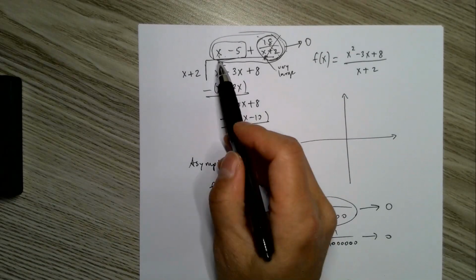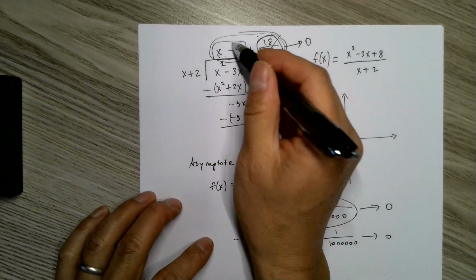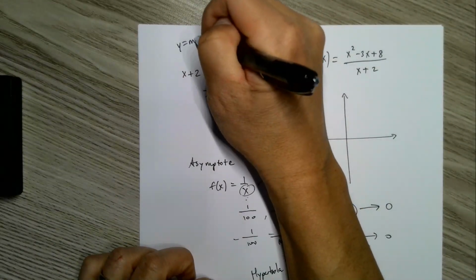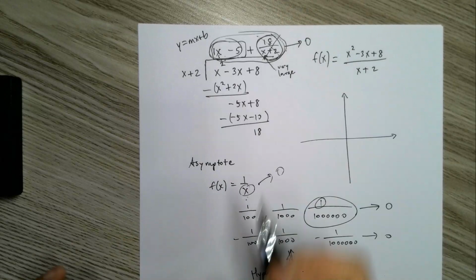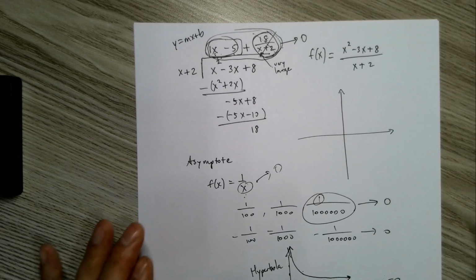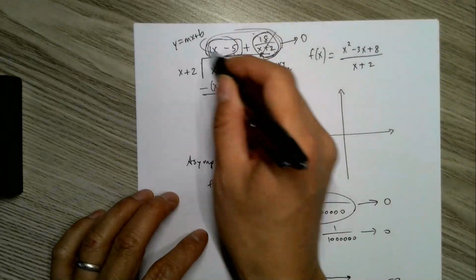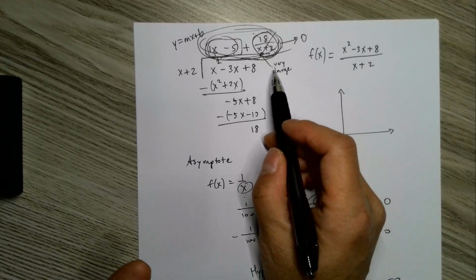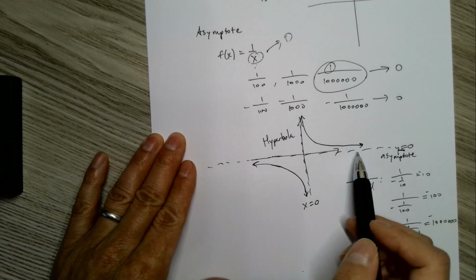But another thing we know about x minus 5, in addition to it being a large number, is that this is a line. Remember y equals mx plus b? This is a straight line with a slope of 1 and a y-intercept of -5. In other words, this is the boundary that this function doesn't cross when x gets very large, in the same way that this was a boundary, y equals 0, when x gets very large.